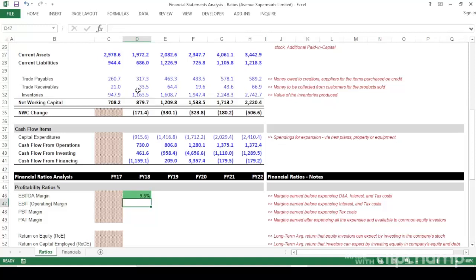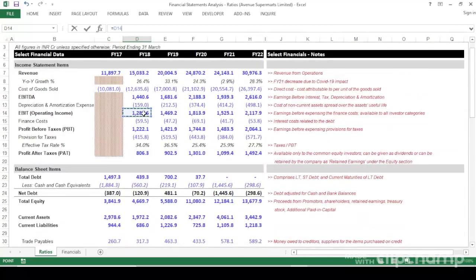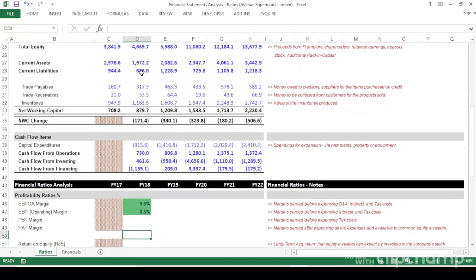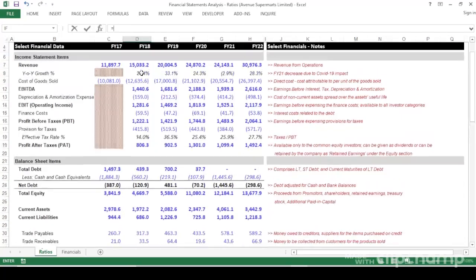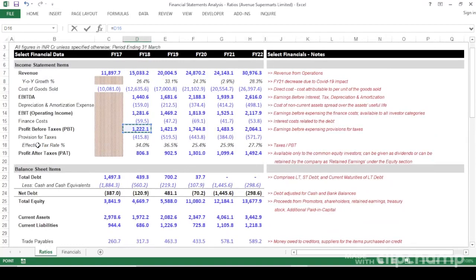Now I'll go with the operating income or EBIT. So for this, I will divide the EBIT by the revenue. Then PBT margin. PBT is nothing but the profit before taxes. So this is the profits that the company has generated before expensing the provisions for taxes, or before expensing the taxes, divided by the revenue.